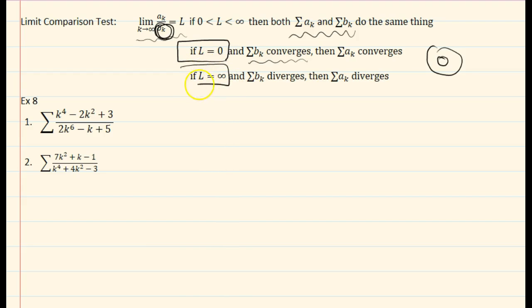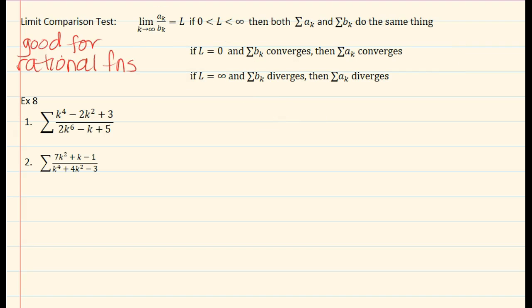Now, if our limit was infinity, that means our top guy is greater than our B, so A is going to be bigger than B, but if we know that B diverges, then we know that the outer one, the bigger one, will also diverge. So notice it's saying the exact same thing as the comparison test, except it's after you take the limit. One last thing I want to mention about the limit comparison test is that it's good for rational functions, as we will see in our example number 1.